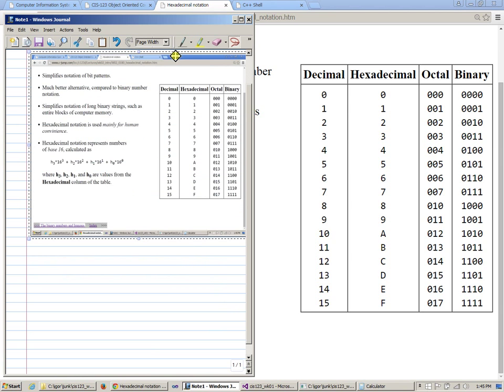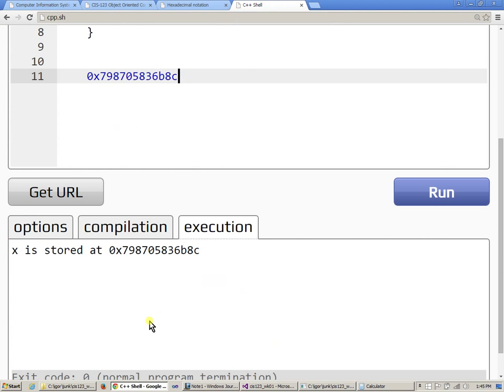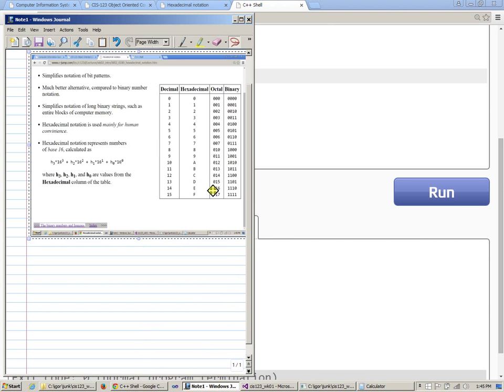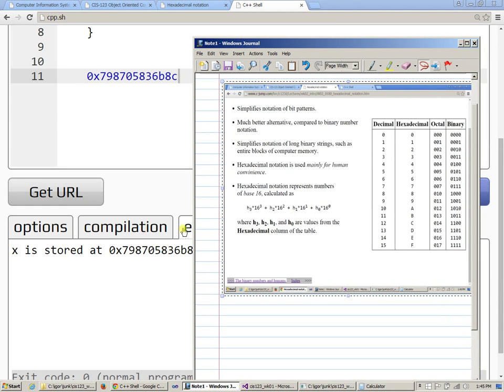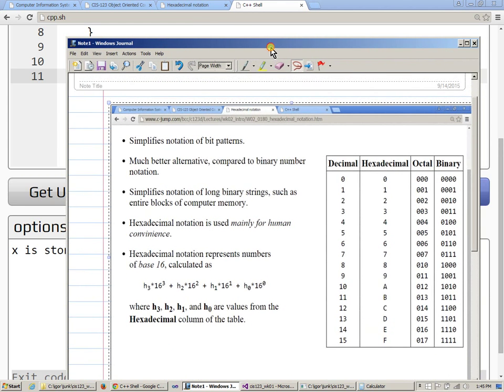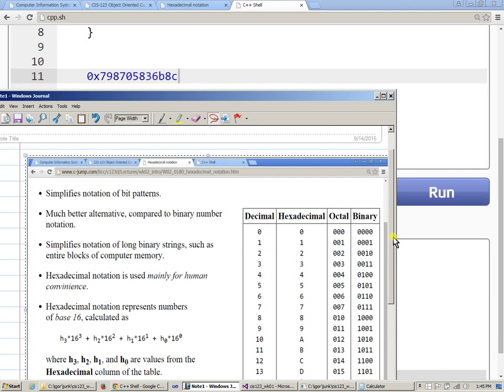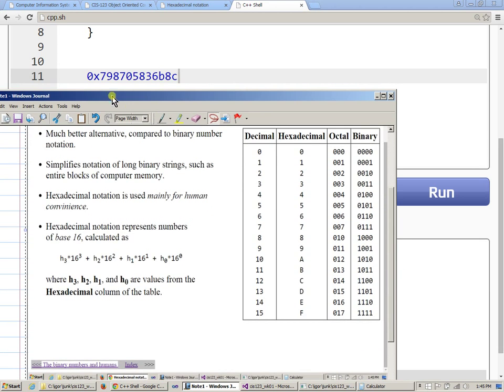Okay, so I have some help from this view right here, and so if I wanted to go from this crazy number like 7, 9, 8, and so forth, all I have to do is, if I increase the size of this just a little bit to make it all visible on one screen, I can say that 7 is 0, 1, 1, 1, and 9 is 1, 0, 0, 1.